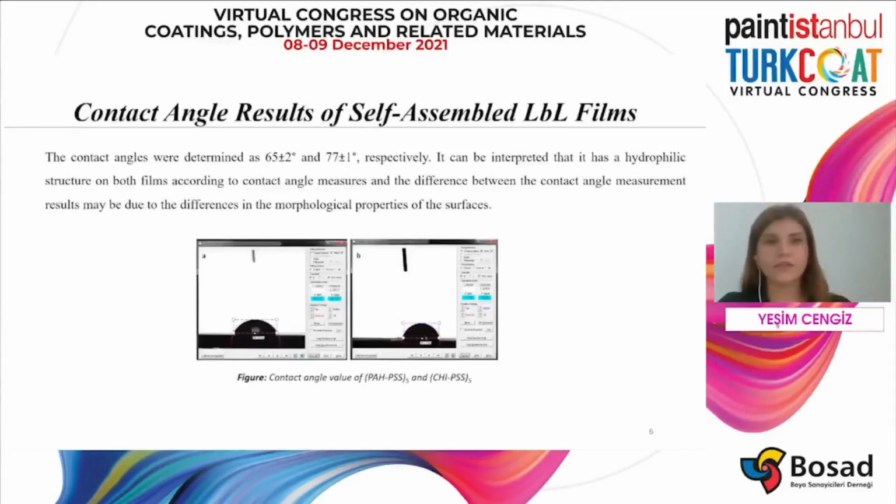And let's see the contact angle results. Firstly, we investigated PAH-PSS and Chitosan-PSS without passing any solution through them. Contact angles were determined as 65 ±2 degrees for PAH-PSS, and for Chitosan-PSS, our contact angle result is 77 ±1 degrees.